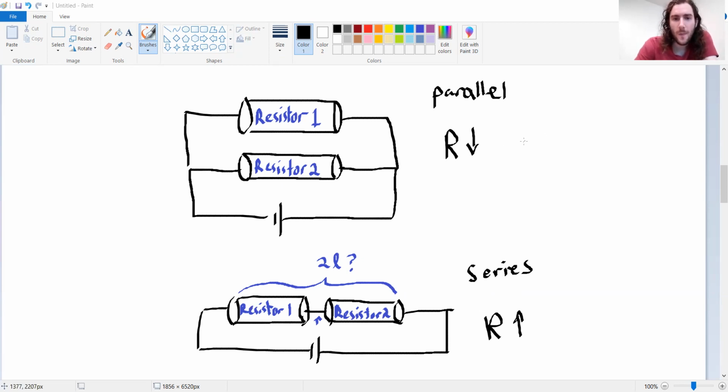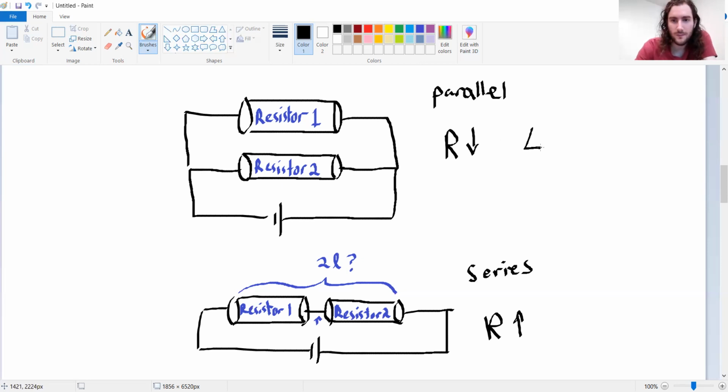Who remembers what must remain constant for any two circuit elements? You could think in terms of capacitors. Who remembers what must be constant for any two elements connected in parallel? Voltage, right, voltage.